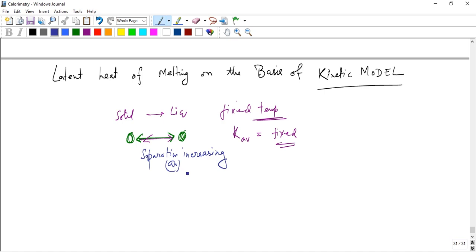Some energy is required to increase the separation, so if separation is increasing, we need some energy.